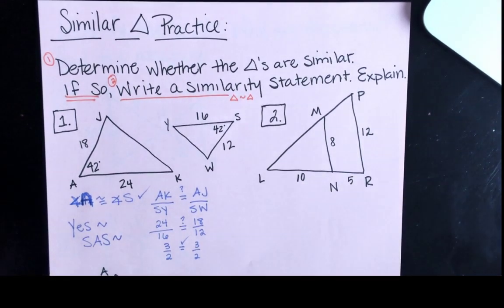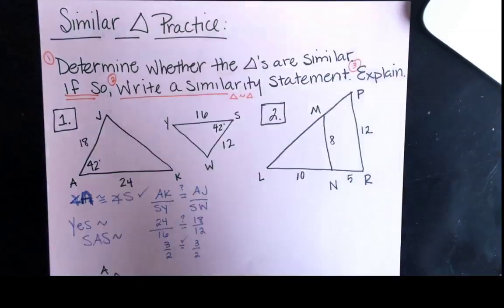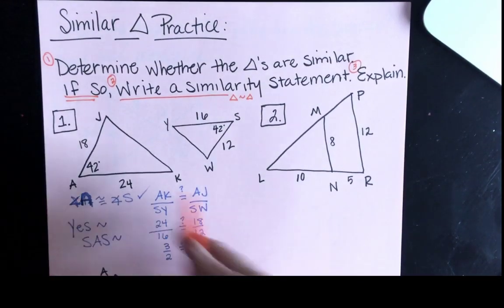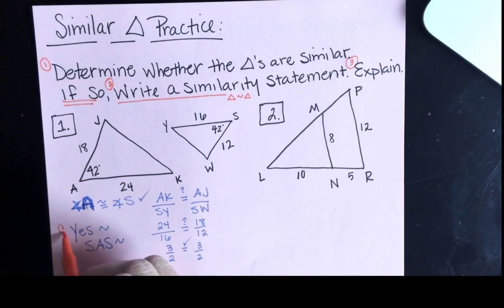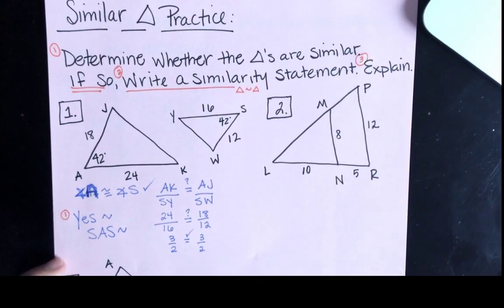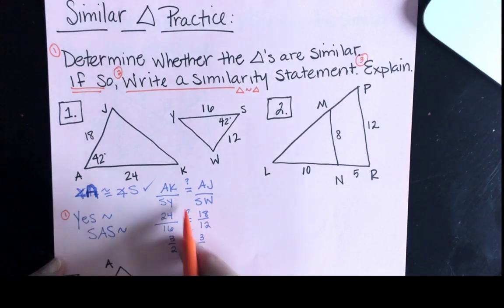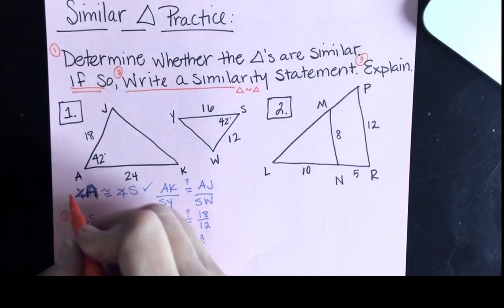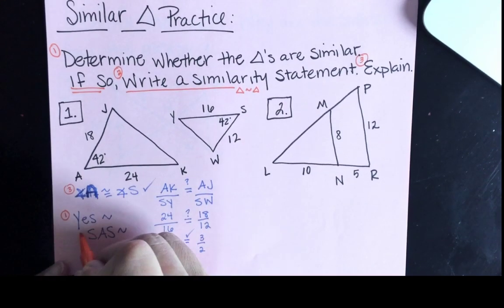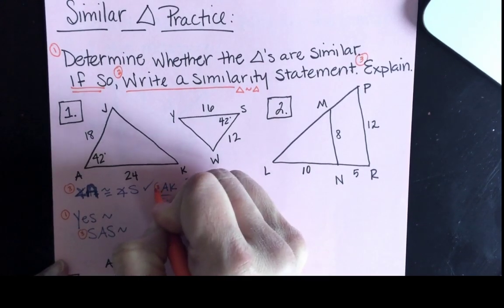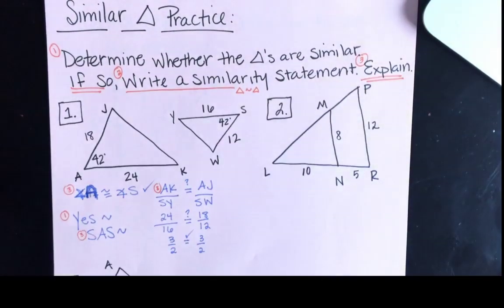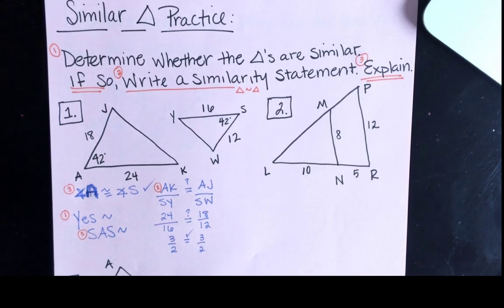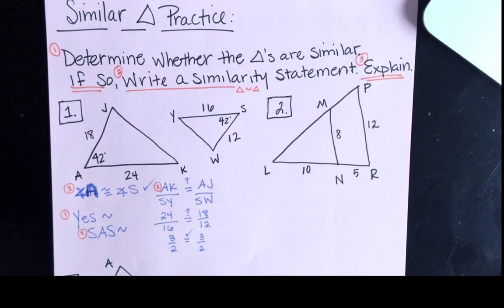So far, I've explained, because that's the third thing that I want to do. All of this is my explanation. Yes, this takes care of number 3, so I'm going to put little 3s next to it so that you can see that that all goes with my explanation. Now the only thing I didn't do was write a similarity statement.